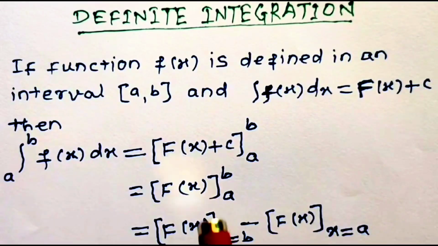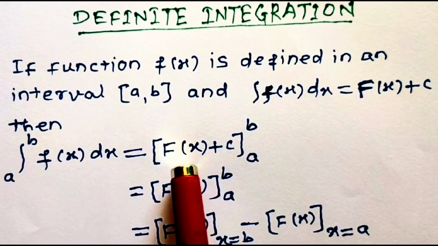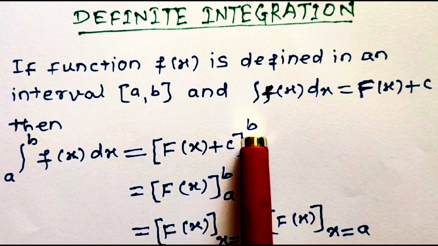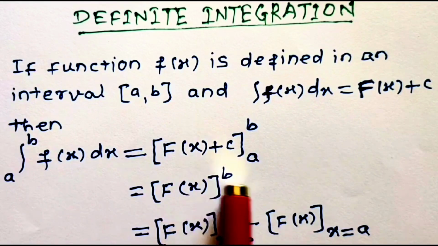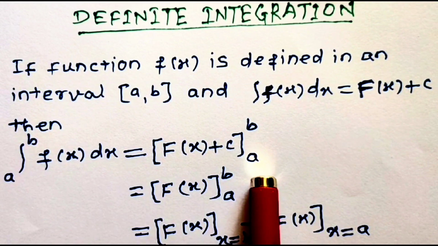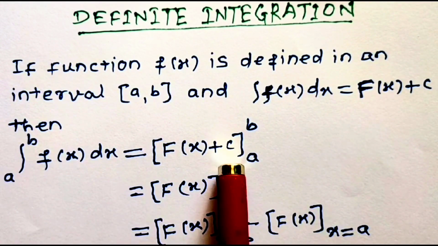If we substitute the upper limit, meaning you replace x by the upper limit first, and then put a minus sign and replace x by the lower limit a, in that case the constant of integration will get cancelled.